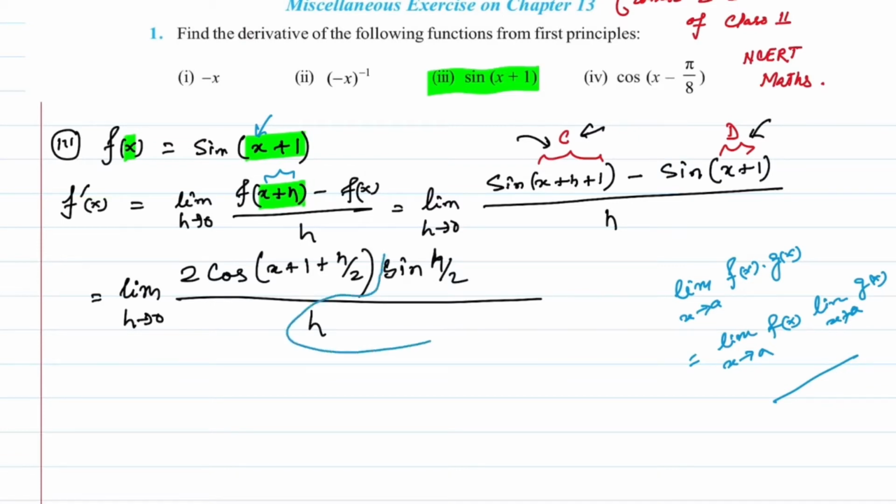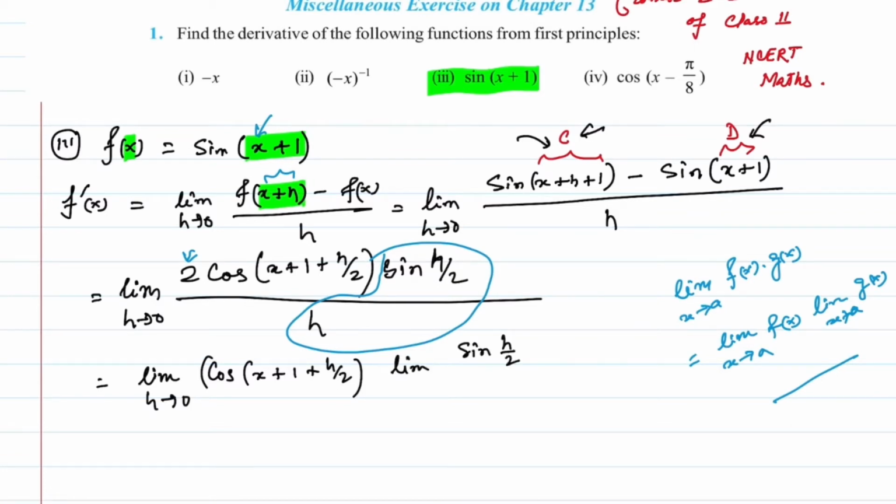Applying this, we have to separate these two parts. This one is one part and the remaining part is another part. In the next step we will write the limit as h tends to 0 of cos of x plus 1 plus h by 2, times the limit as h tends to 0 of sine of h by 2 divided by h by 2.